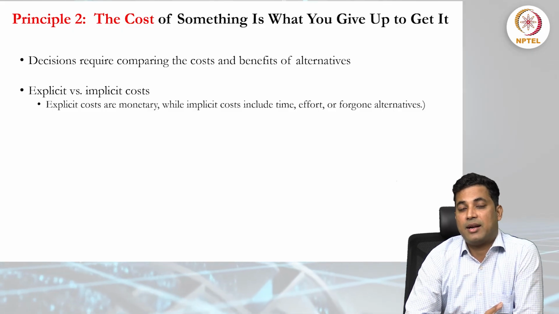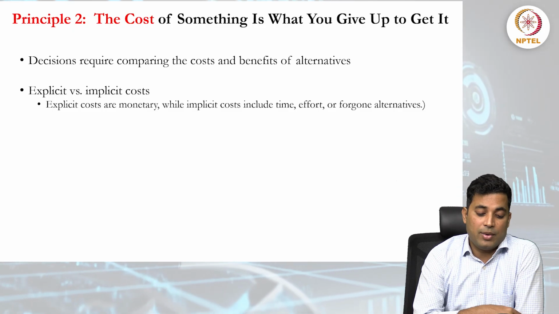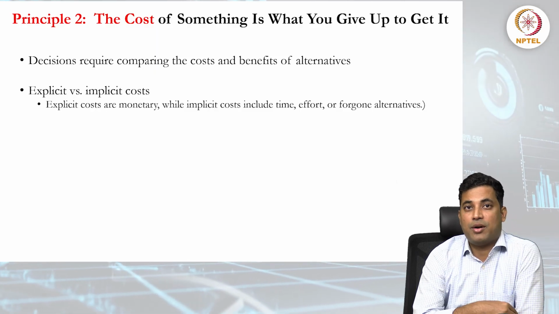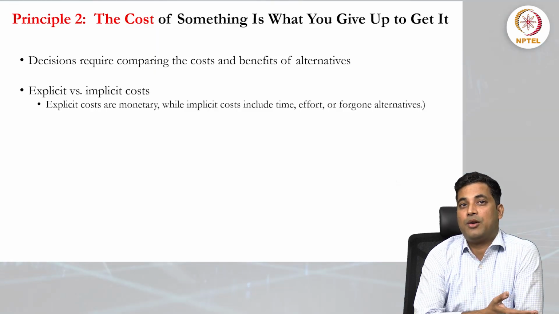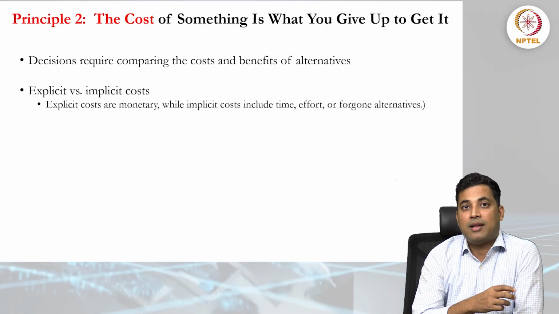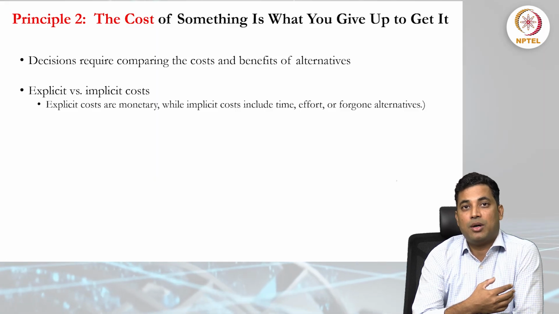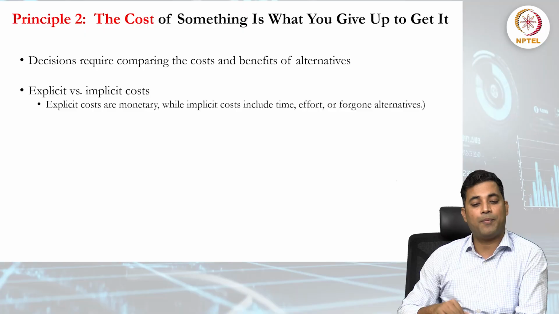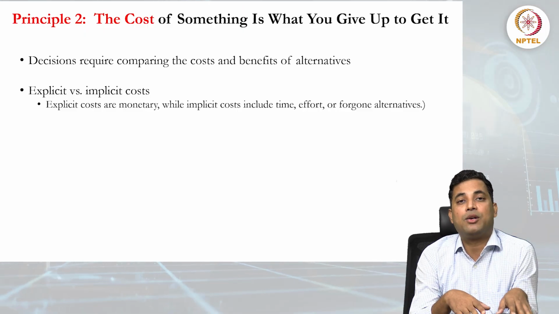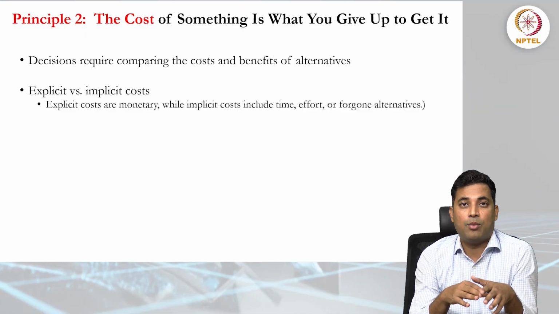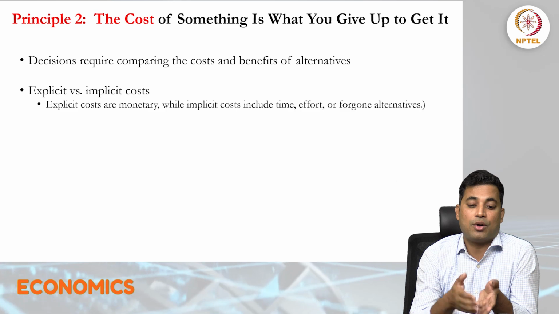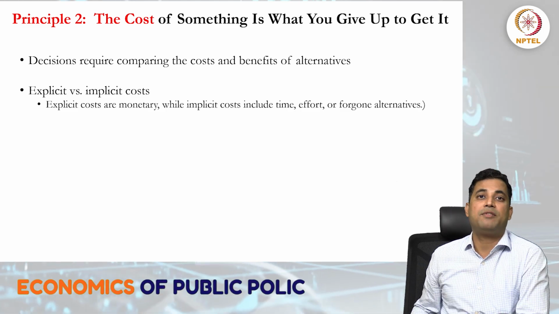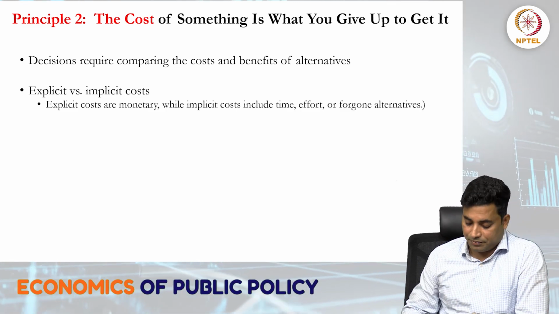Like the example that I had given of the student, whether the student needs to study or not to study, but at that particular time wants to watch a movie. So it's basically the trade-off. When we understand trade-off, calculating cost is very important. And once you are aware of the cost, then of course calculating benefit becomes very easy.